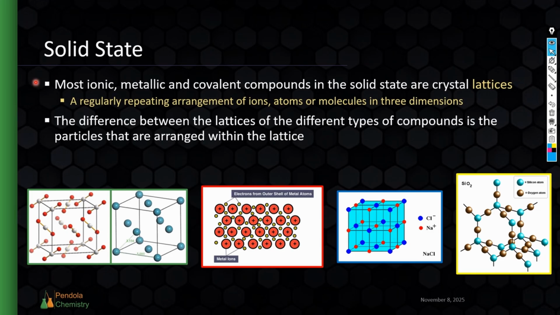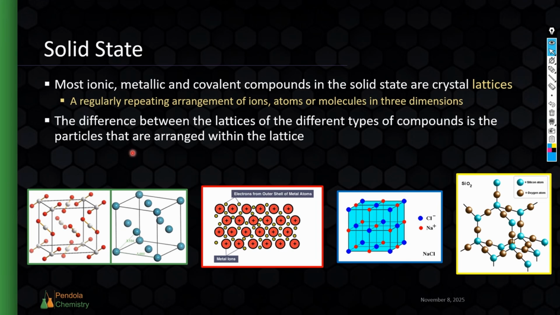A lattice is essentially just a regularly repeating arrangement of ions, atoms, or molecules in 3 dimensions, meaning it's something with a pattern. A lattice is an arrangement for a solid compound that is going to give either the ions, molecules, or atoms a regular pattern that they follow.